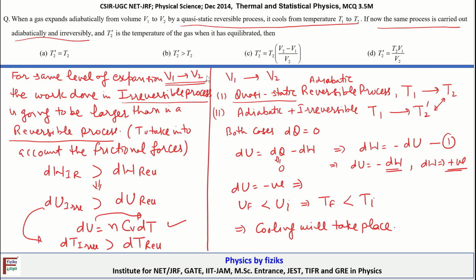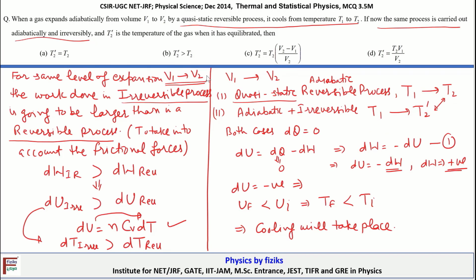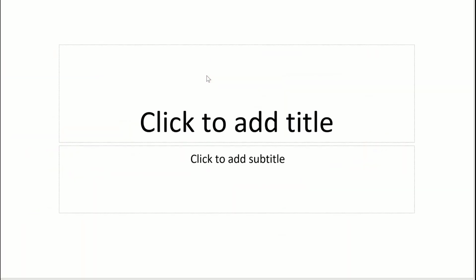Okay, let's switch to the next page. So from the previous page we concluded that dT irreversible is greater than dT reversible.